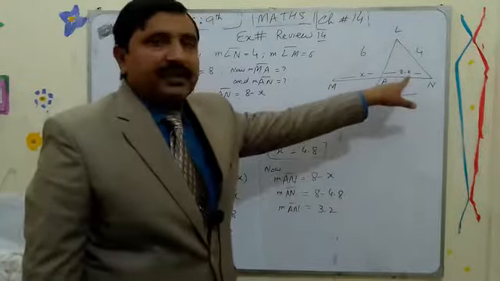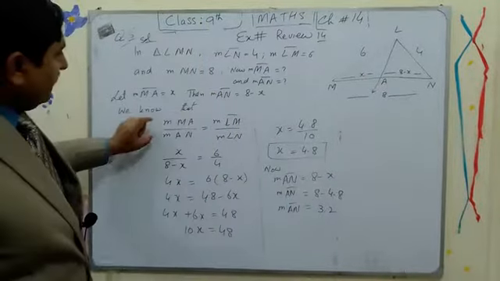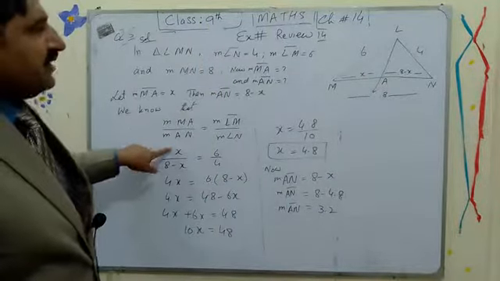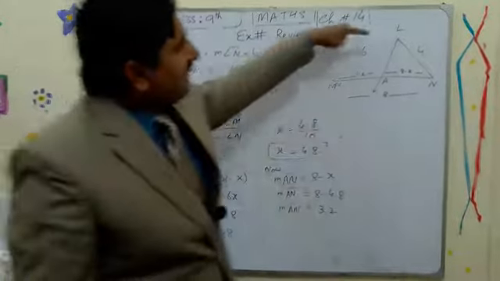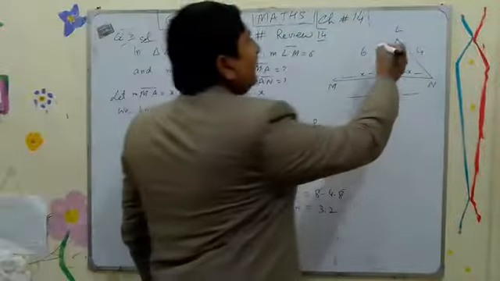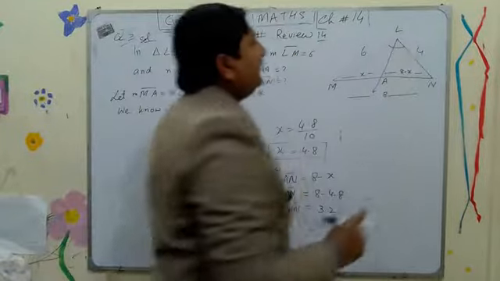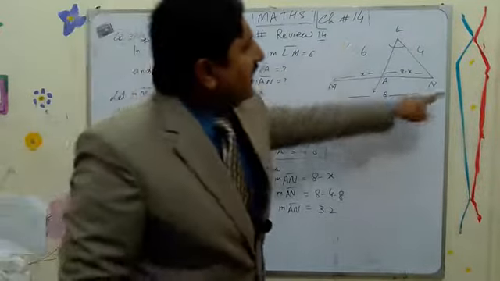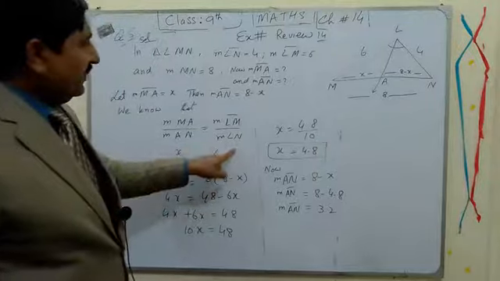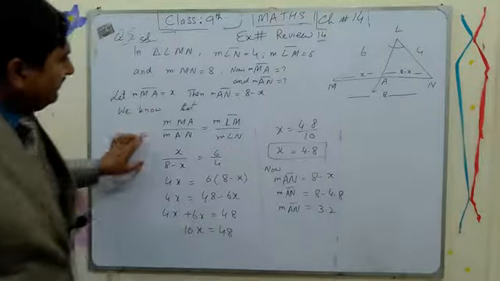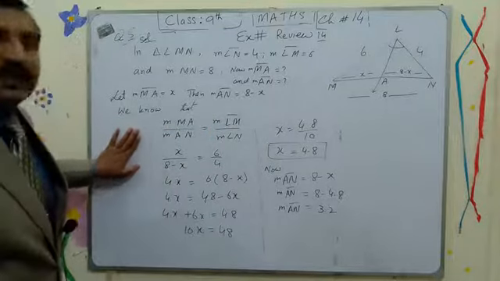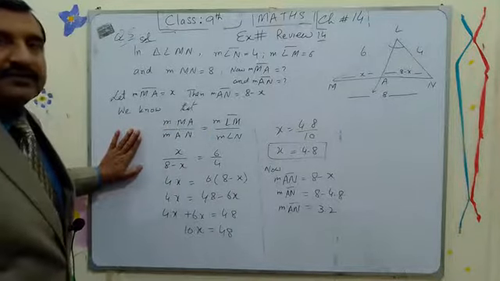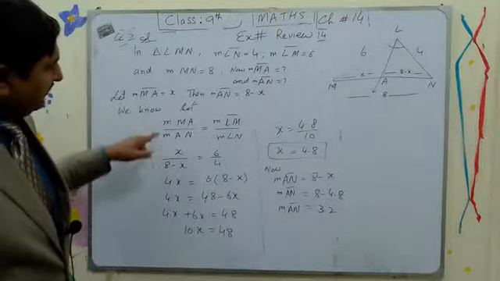So AN will be 8 minus x. As we know, MA over AN is equal to the ratio of the sides containing the angle, LM over LN. If we remember this ratio, it is easy to solve this question.